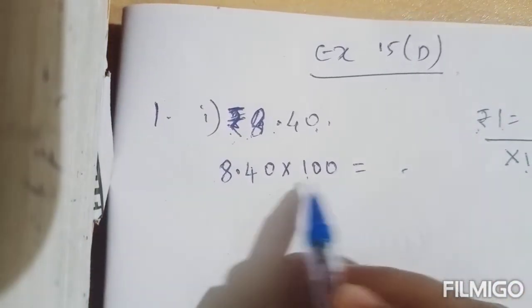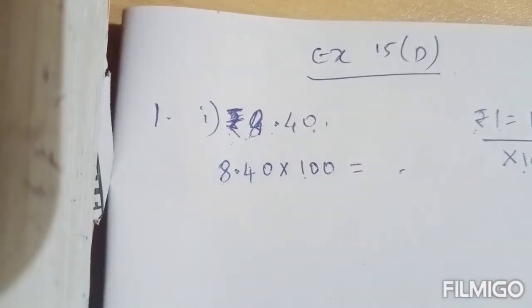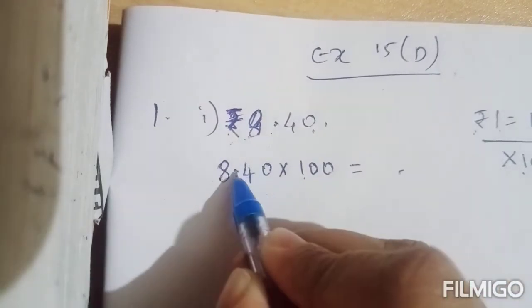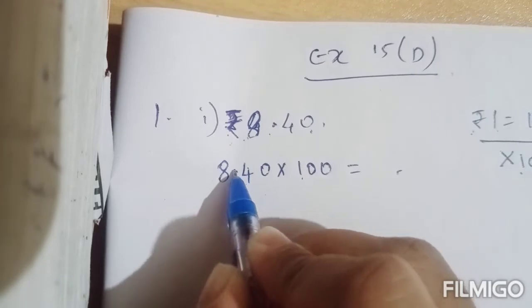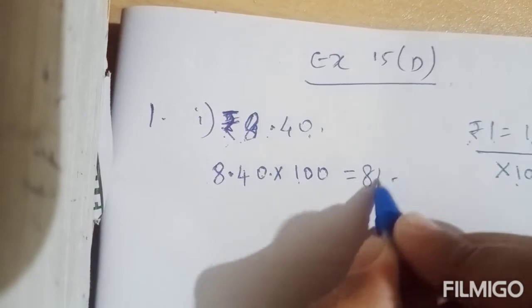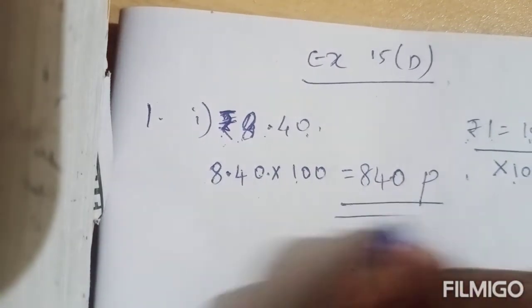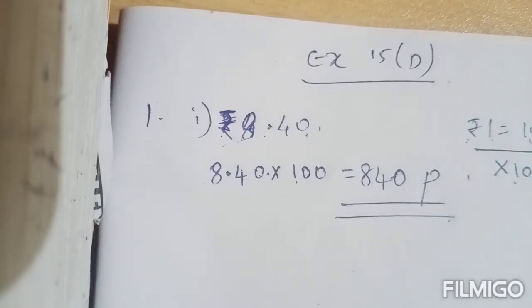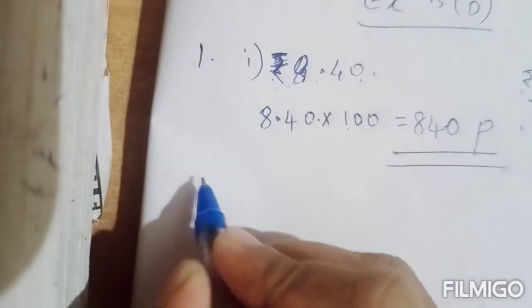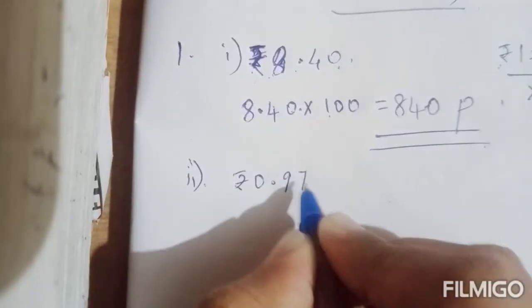So multiplication by 100, decimal point will move 2 places to the right. Okay, so here decimal point moving this to 2 places to the right, 1, 2. Here will be the decimal point, the answer will be 840 and the unit will be paise. Paise we can write it as P. So 840 paise. Okay, second one, rupees 0.97.